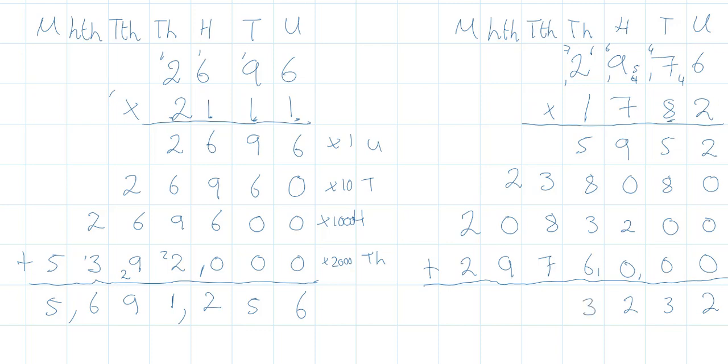Put down your 3. Carry your 2. 2 and 7 is 9. Plus 8 is 17. Plus 3 is 20. Put down your 0 and carry your 2. 2 and 9 is 11, plus 2 is 13, put down your 3 and carry your 1, and 2 plus 2 plus 1 gives me 5. So my answer is 5,303,232.